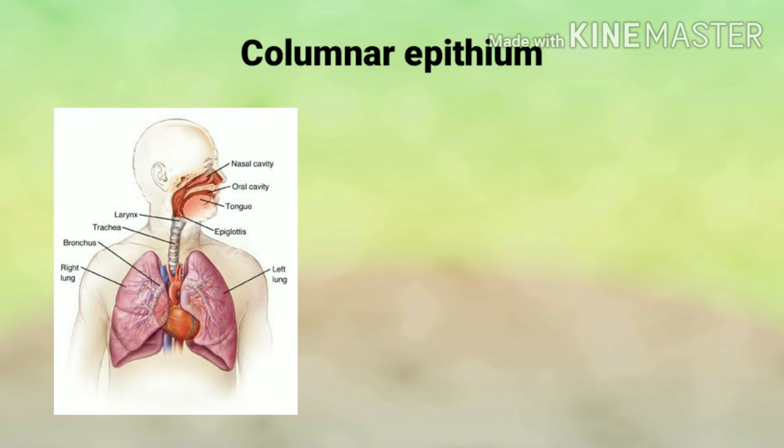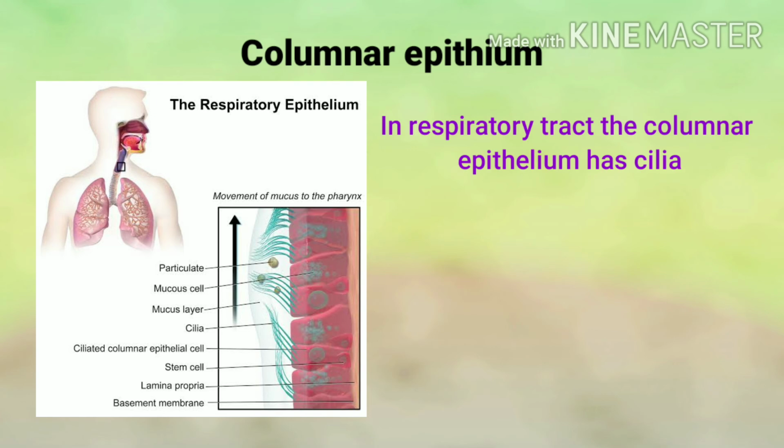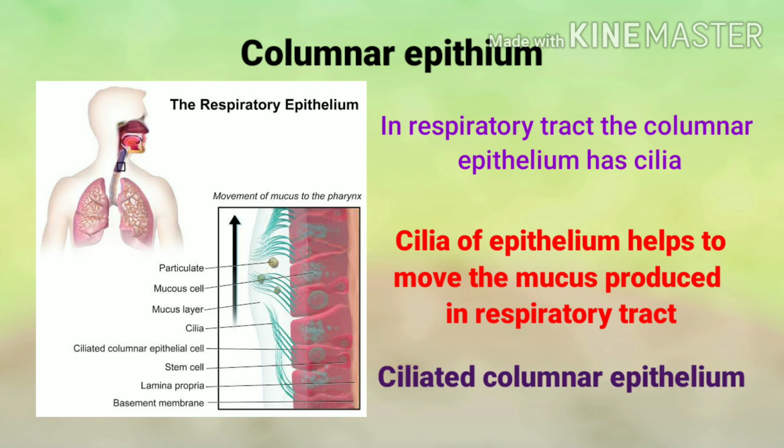In our respiratory tract, the columnar epithelium has cilia. You know what cilia is? Cilia is a hair-like structure present on the surface of epithelial cells. Cilia of the epithelium help to move the mucus produced in the respiratory tract. Sometimes mucus is produced in our respiratory tract, and that mucus is moved away by the cilia of the epithelium.